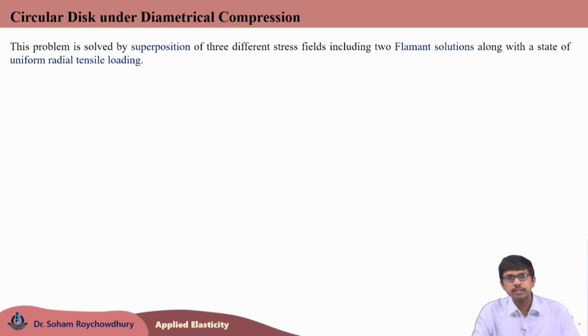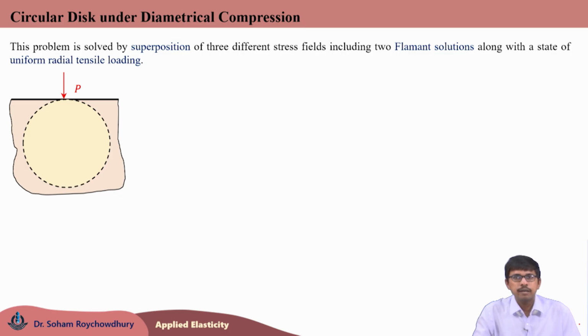The Flamant solution is the solution of the stress field generated within an elastic half space when it is subjected to the normal line loading of, let us say, intensity W. So, this is a Flamant solution where one elastic half space is considered which is subjected to a uniform normal line loading W at the free surface.